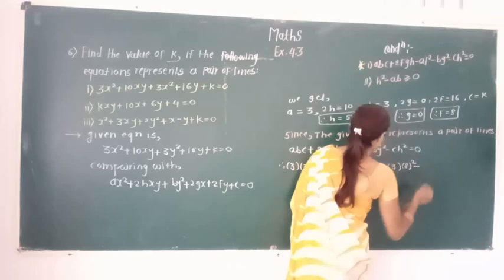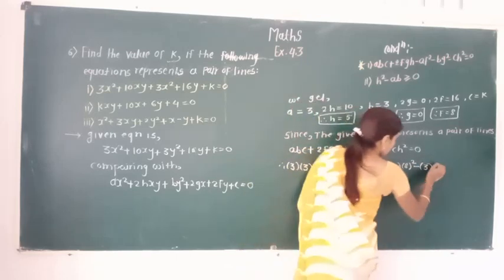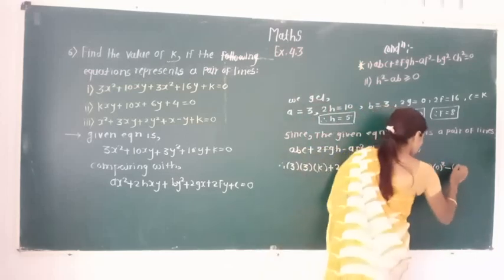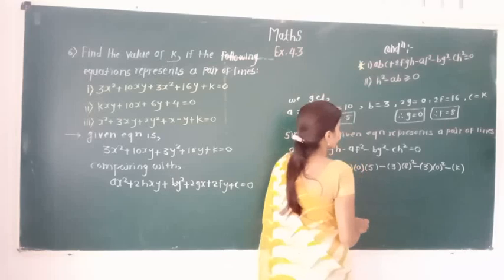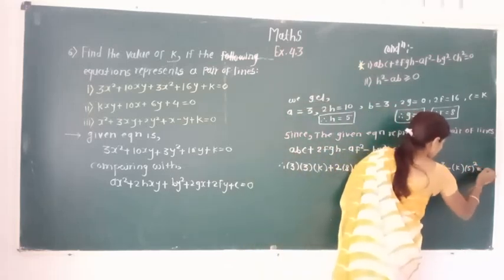Now, minus value of b is also 3 and g is 0 square, minus value of c is here k, h square, value of h is here 5. That means take here 5 square is equal to 0.